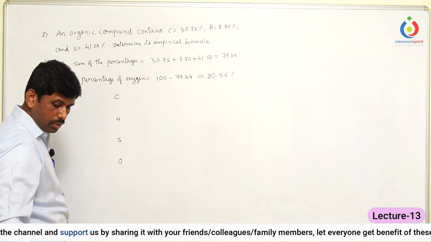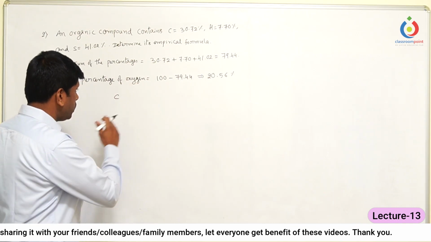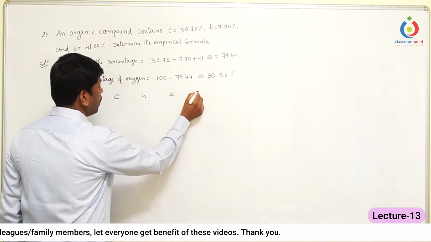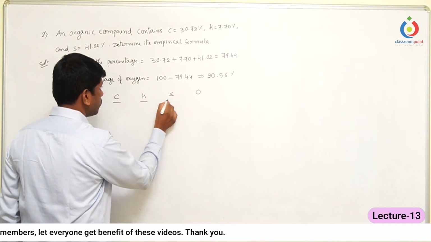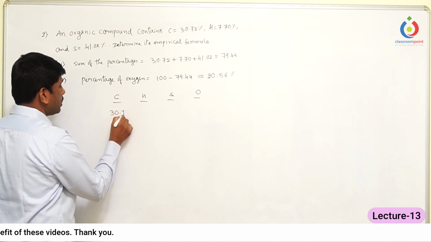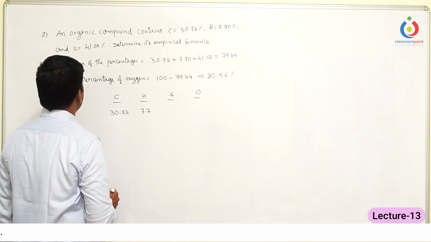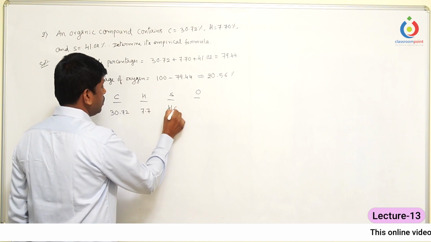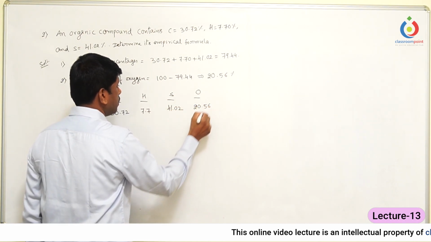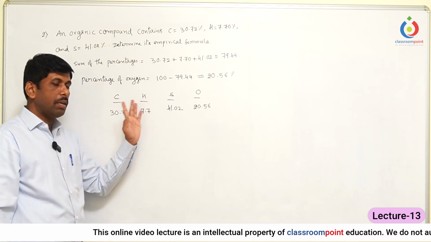You can write down like that also in that format, because earlier problem also we solved using this format. Carbon percent is given as 30.72, hydrogen 7.70, sulfur 41.02, oxygen is 20.56. So total percentage equals 100 means indirectly these are given as their masses.